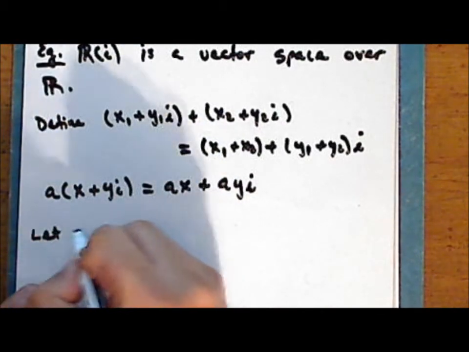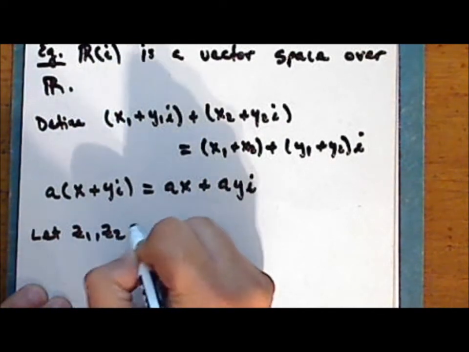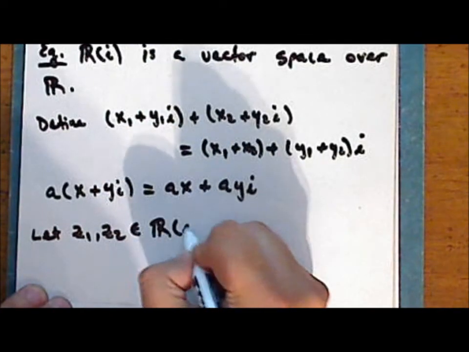So let z sub 1 and z sub 2 be numbers in this set of vectors.